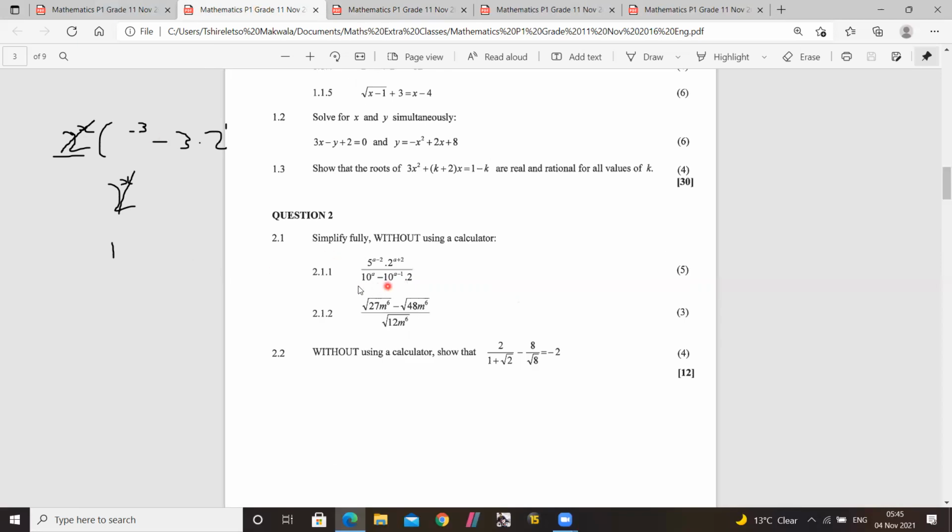That's why we're going to take out the common factor in the denominator, which is 10 to the power of a. That's what you take out. Now, there's another rule for laws of exponents.